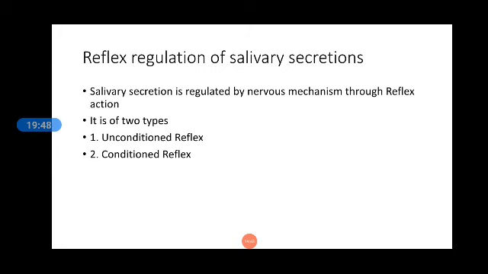For example, the presence of food in the mouth is not necessary to elicit this reflex. The stimuli of this reflex are the sight, smell, hearing, or thought of food. That reflex is known as the conditioned reflex. Okay, that is about the physiology of salivary glands. Okay, thank you.